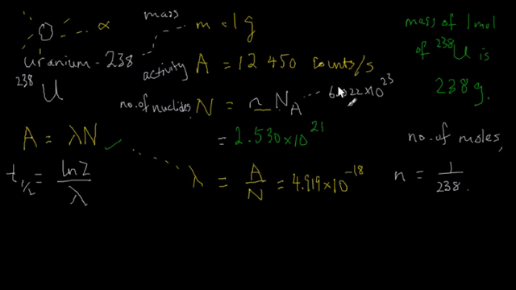So we can just say that the unit is per second. That's the unit for lambda, and it's basically a fraction per second, or just a number per second, just this ratio per second.